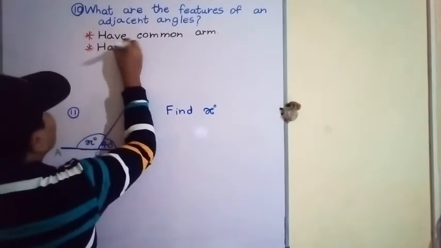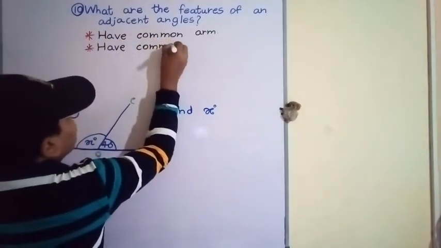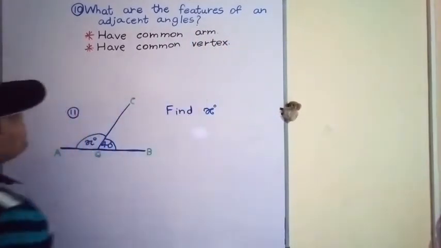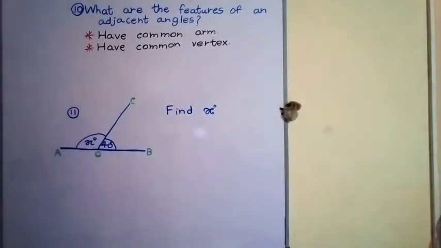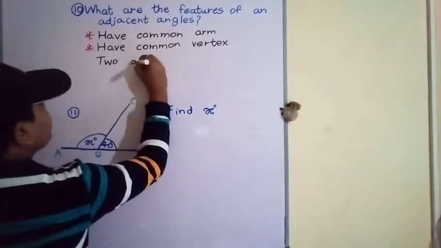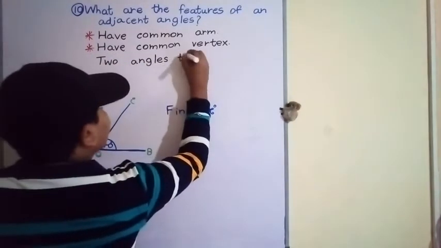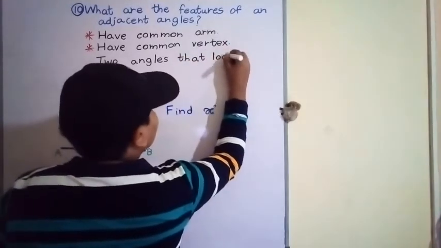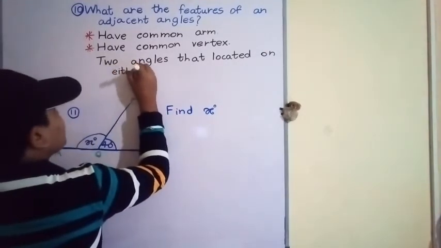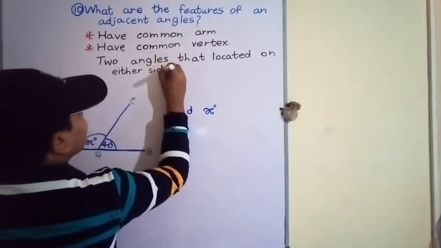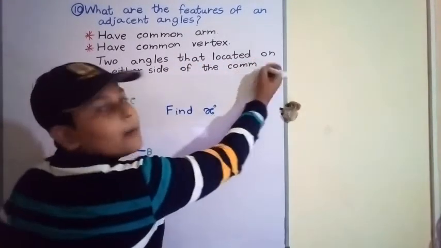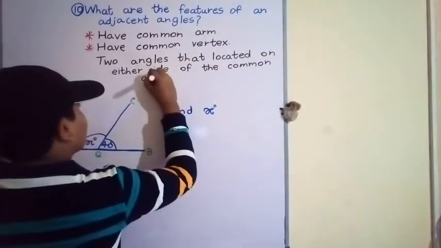Next, the two angles are located on either side of the common arm.